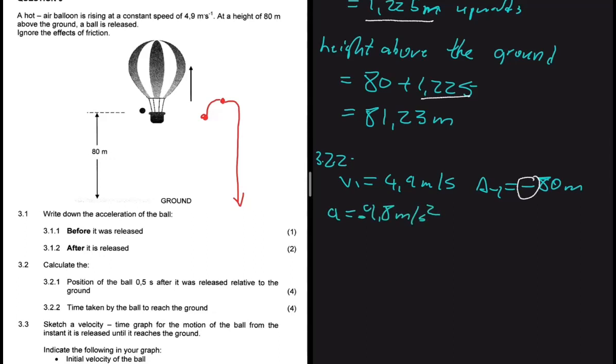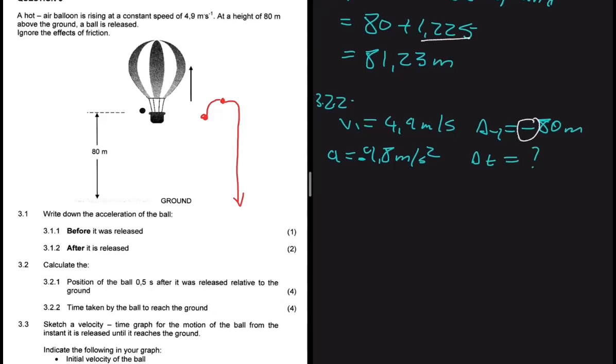What else do we have? I think that's it. And then we're looking for delta t. So we can use the equation delta y equals Vi delta t plus a half a delta t squared. But if we use this equation, we're going to end up with delta t and delta t squared being unknown, and we will have to solve the quadratic equation.